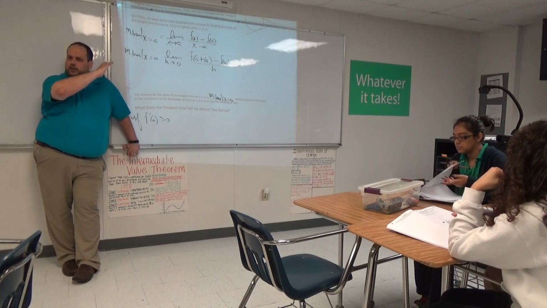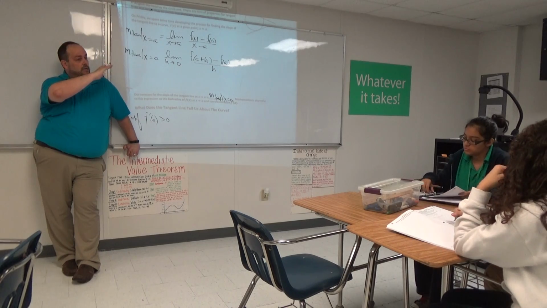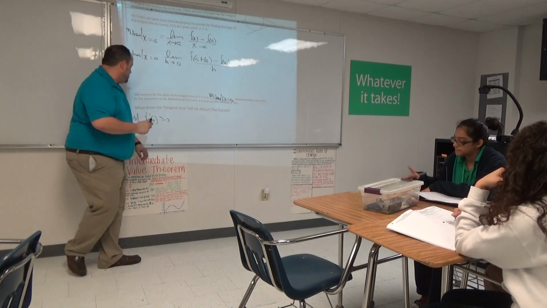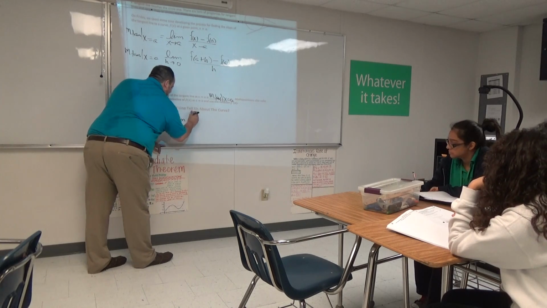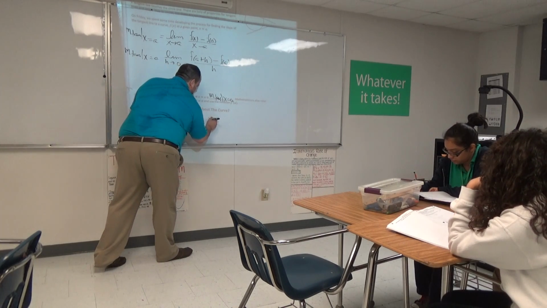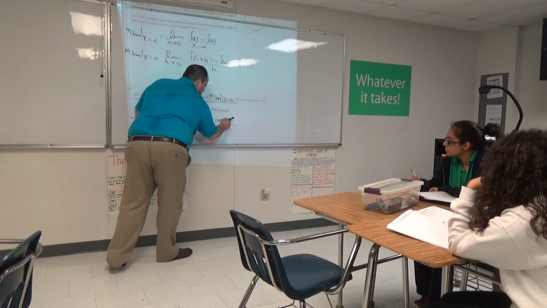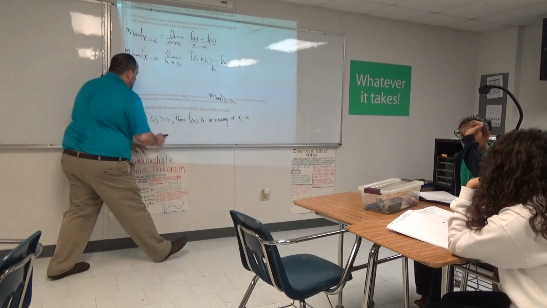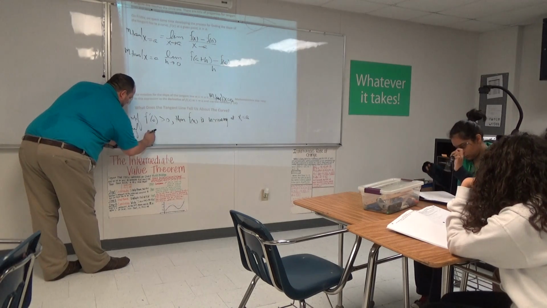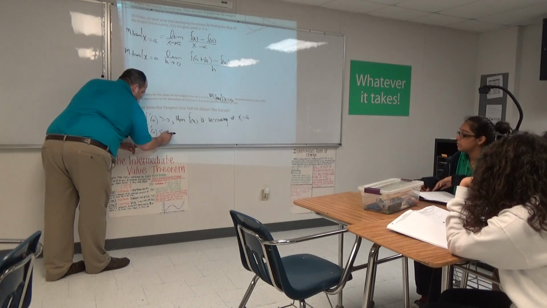What do you know about the function? What's the function doing? Must be increasing. So if f prime of a is greater than 0, then f of x is increasing at x equals a. You guys are mathematicians, so you're really good at patterns. What if f prime of a is negative?